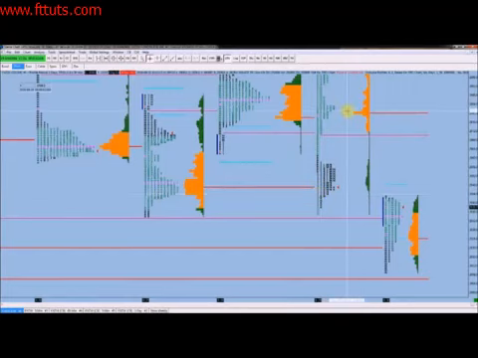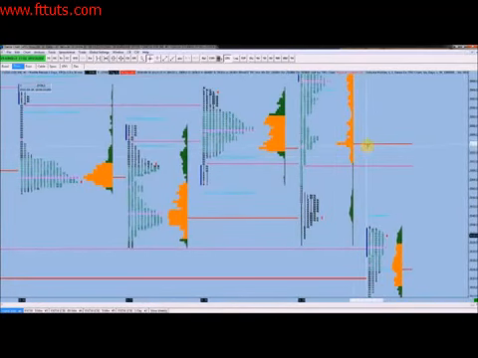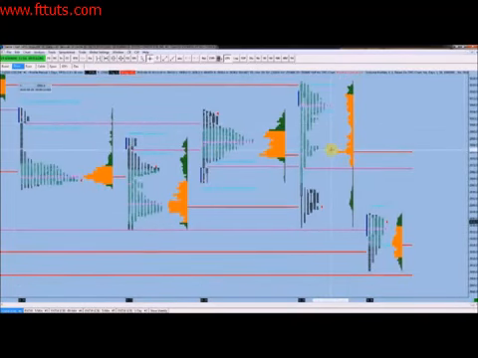So prior to this move, we had incredibly significantly decided that value was here. So if we look at this high volume node, it is so significantly bigger. It's almost twice the volume of any other price point on this trading day.